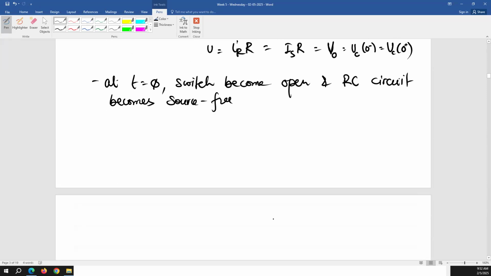So now we have to concentrate on the source free circuit after the switch gets opened. So you have the capacitor and you have the resistor: IC, IR, capacitor, resistor, and the voltage V.